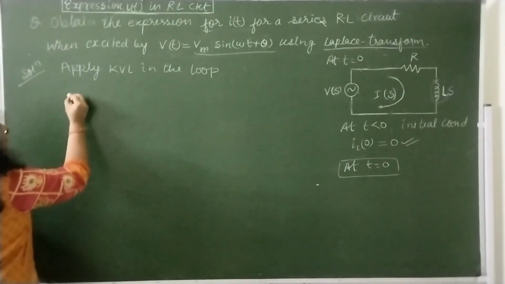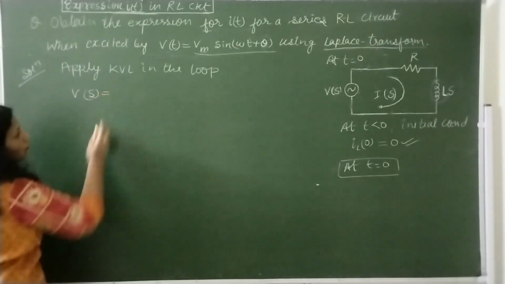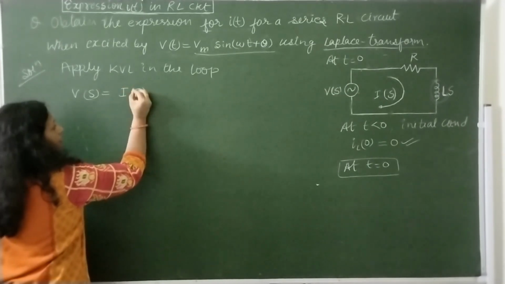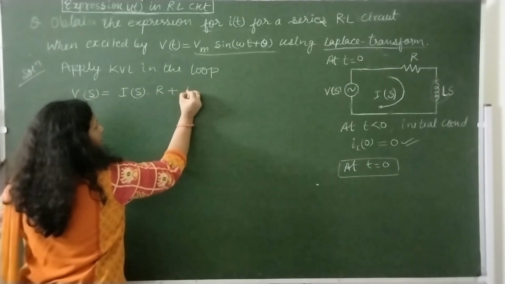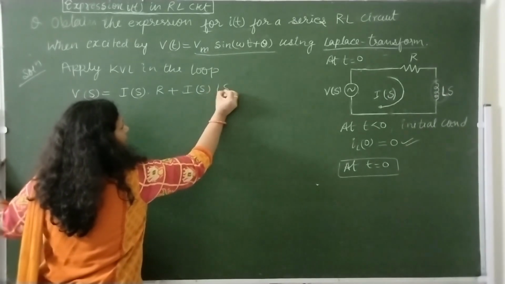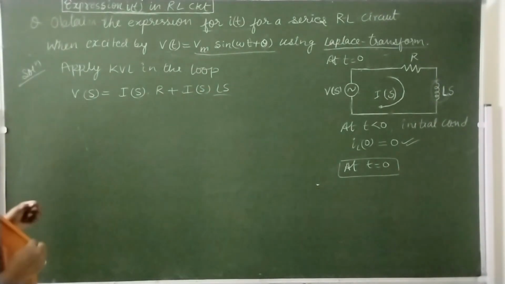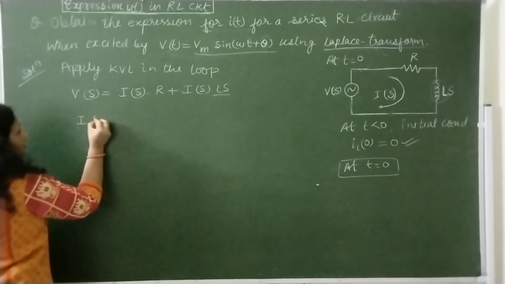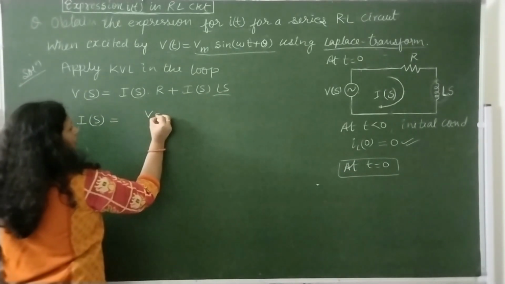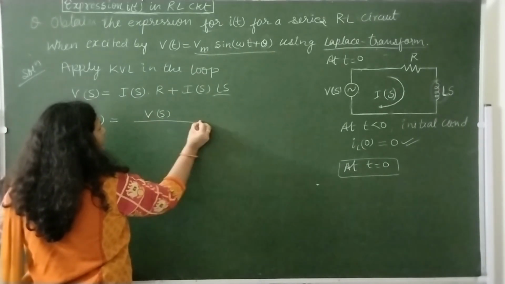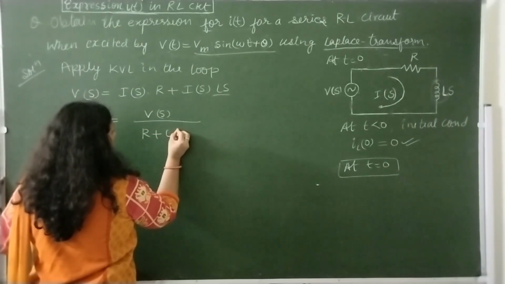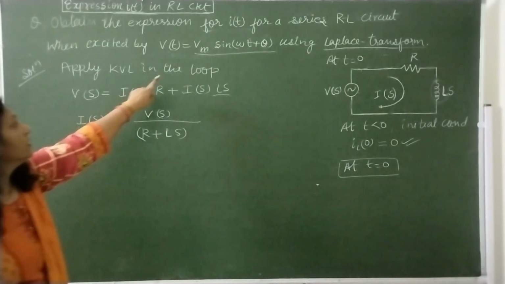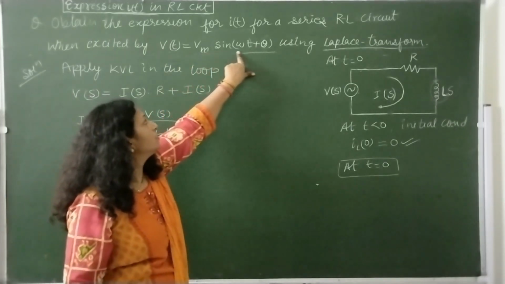So here Vs is equals to voltage drop across resistance and inductance, and that is equals to Is multiplied by R plus Is multiplied by this transformed reactance, that is Ls. Okay, so here we can write Is as Vs divided by R plus Ls.